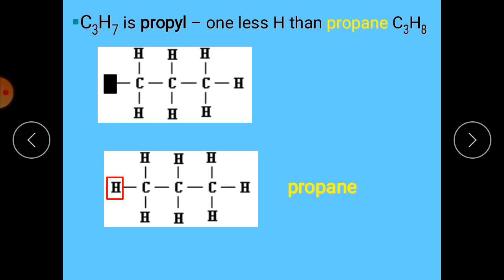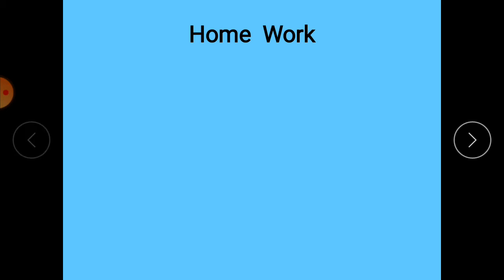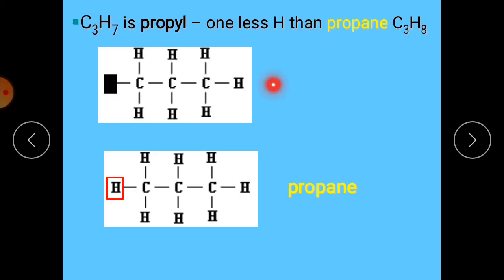Now, if you have propane, C3H8, this is the formula of propane, C3 and H8. 6 hydrogens are in the upper and lower positions, and then this one, 7 and 8. If you remove one, you can write it like this.